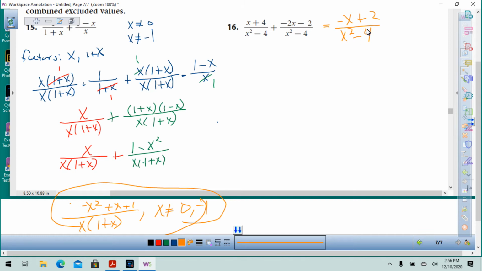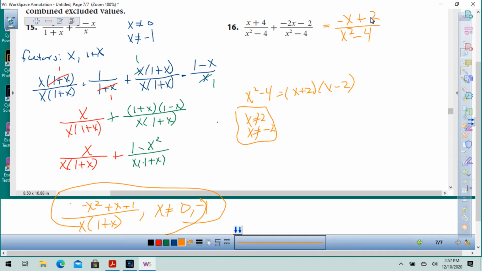Now the thing about the x squared minus 4, let's take a look at that. x squared minus 4, that is the same as (x plus 2) times (x minus 2). Oh, well that makes it kind of tricky. So that's going to give us x cannot equal 2 and x cannot equal negative 2. So there's going to be our excluded values.